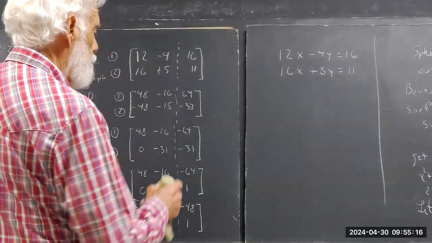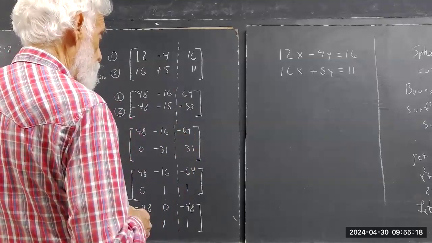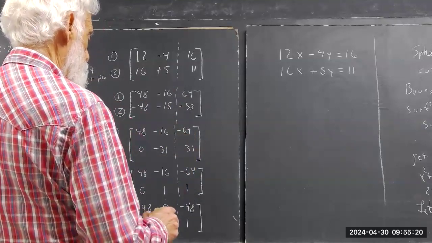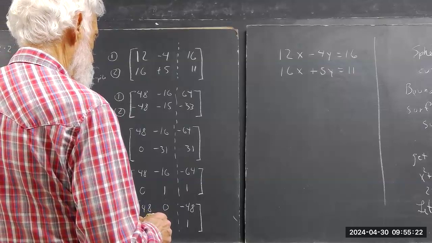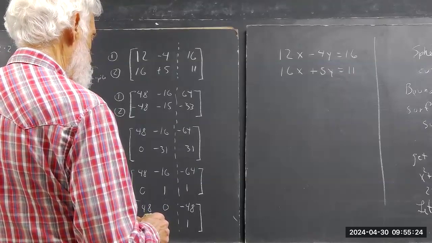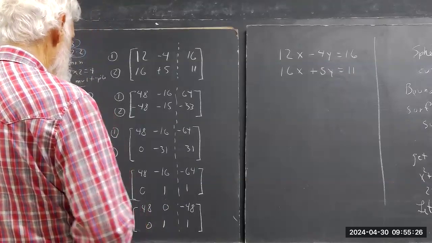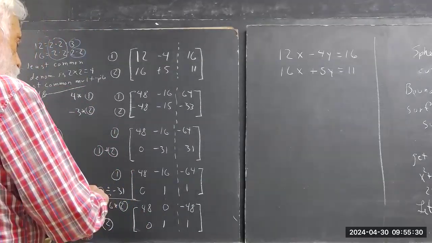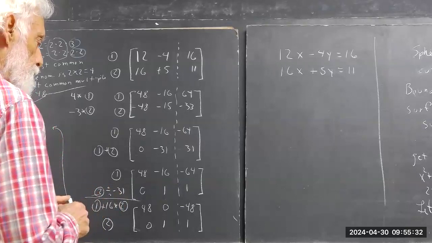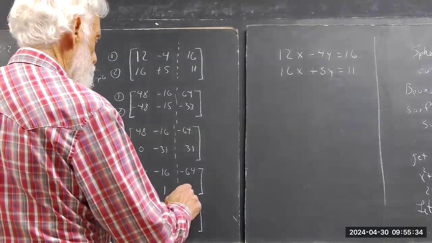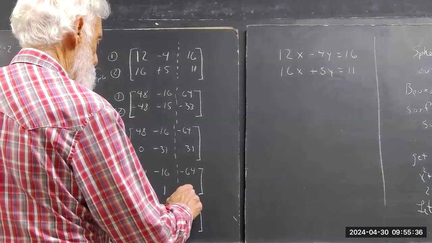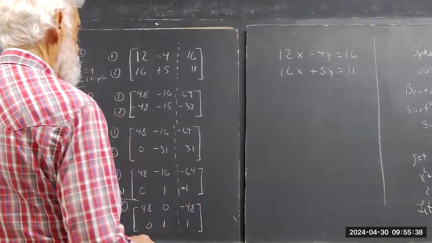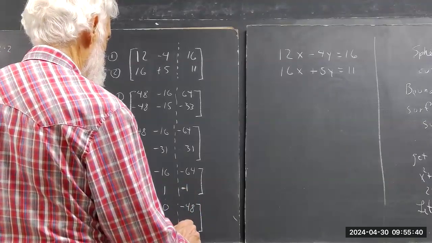64 minus 33 is positive 31. And when I then divide row 2 by negative 31, I get a negative 1 over. Okay, so I've got a negative 1 here.